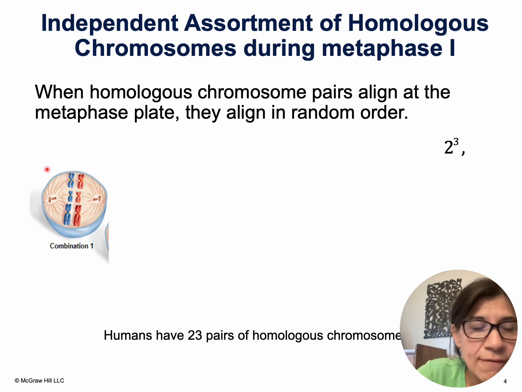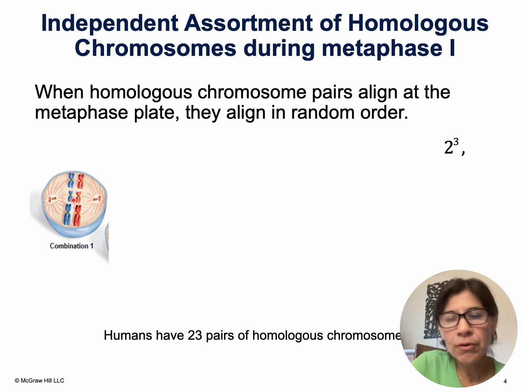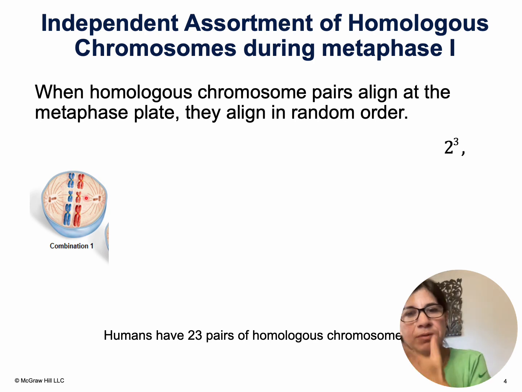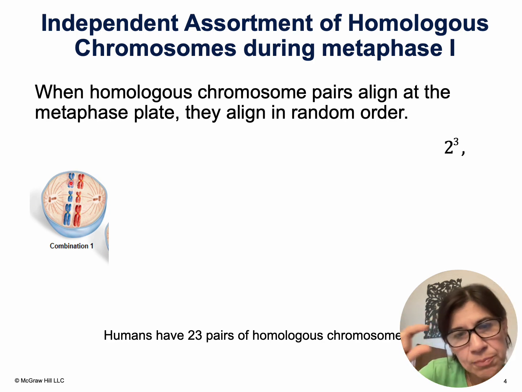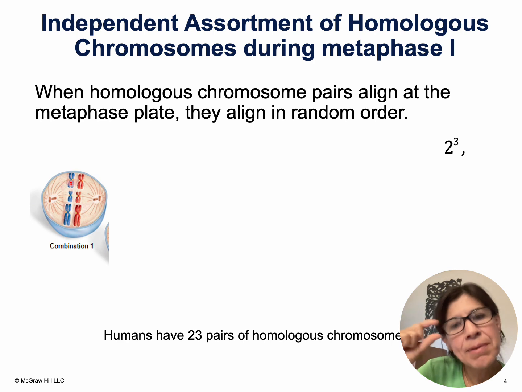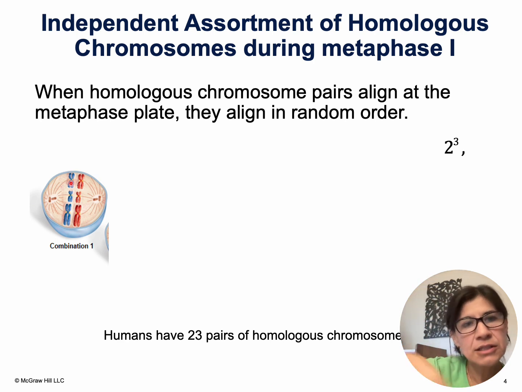So if this was happening in gametes from your body, the blue represents the chromosomes you inherited from your father, the red represent the chromosomes you inherited from the mother. So they can line up in any of those ways. Each pair aligns itself independently of the others. That's why it's referred to as independent assortment.